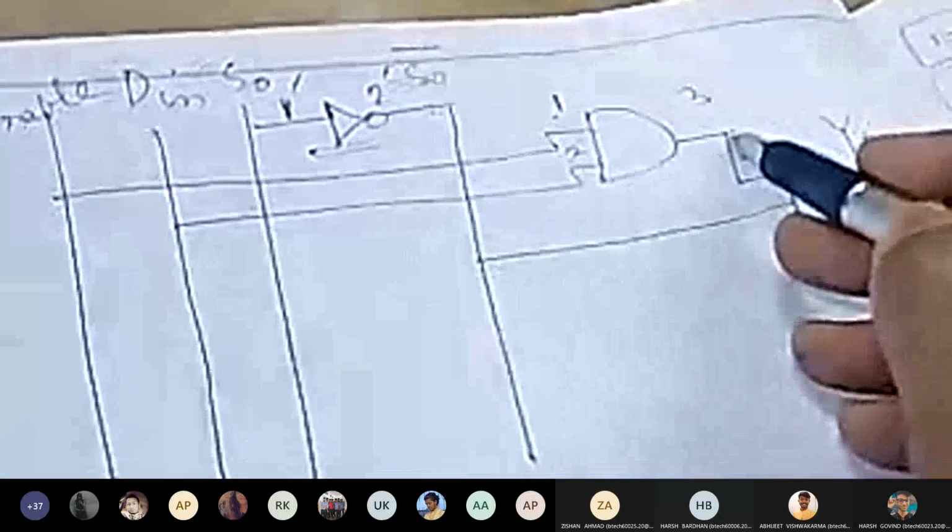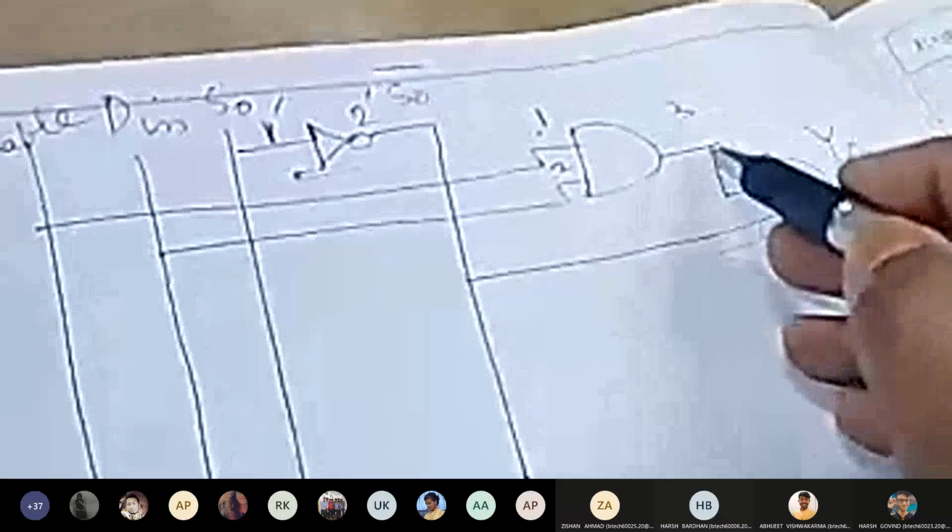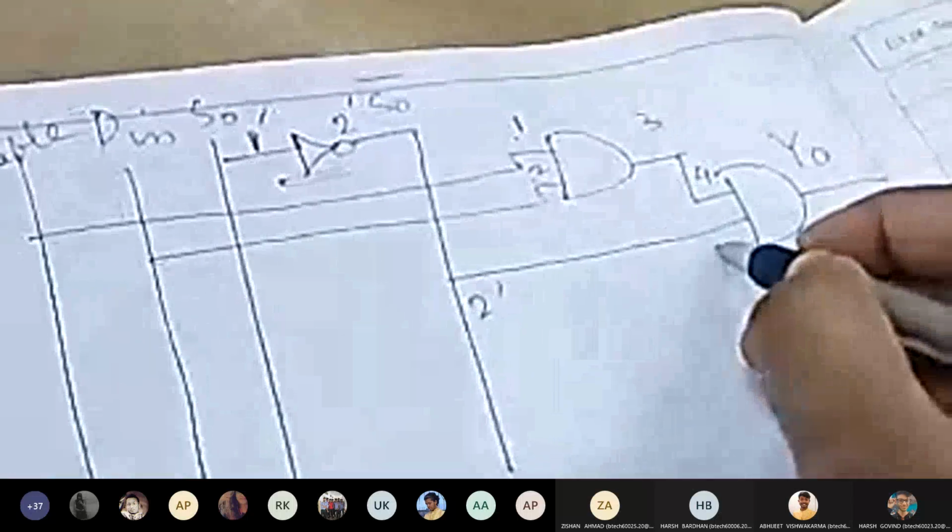Here 1 and 2 are enable and data input, and the output comes out at pin number 3, which will be connected with pin number 4 of this AND gate. The NOT gate output, dash 2, will be connected with 5 and you will get the output at 6. Similarly here we will do the same thing.